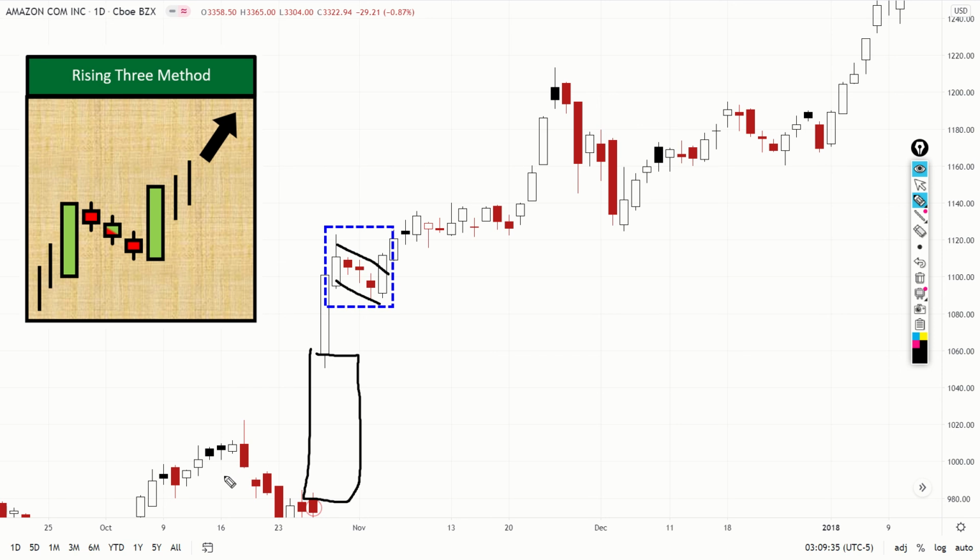Probably they bought it earlier, and these candles are all within around the range of this candle. You can see, around that range, not exactly in the range, around the range. Then the next bullish candle closes, almost, above this candle right here. Then it starts to continue the trend.